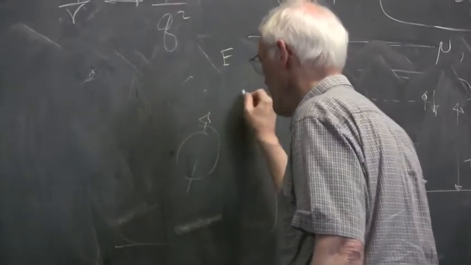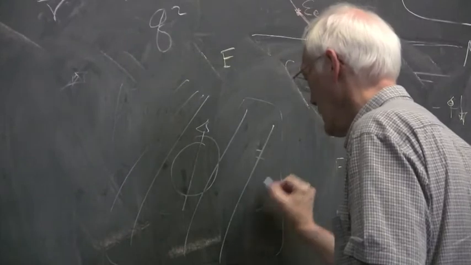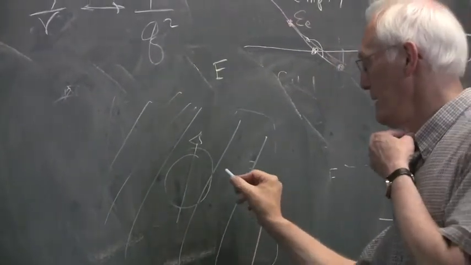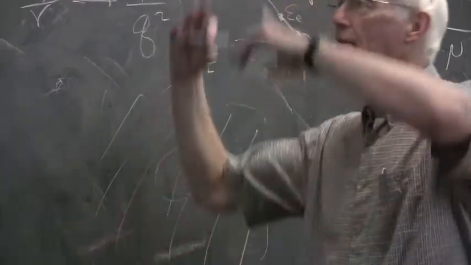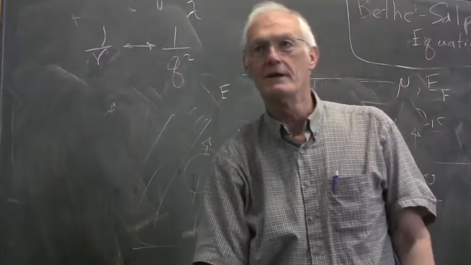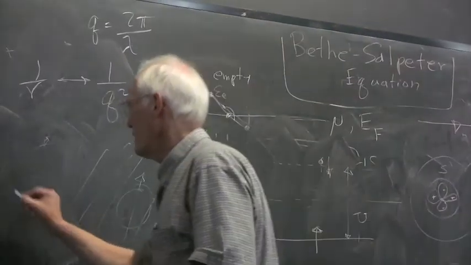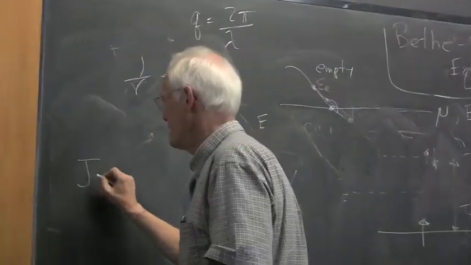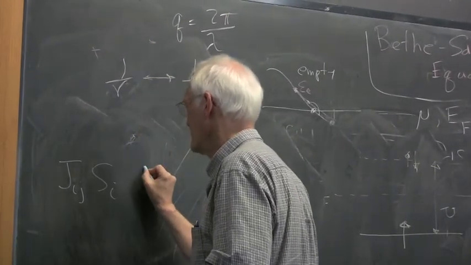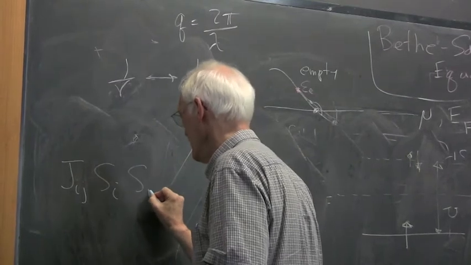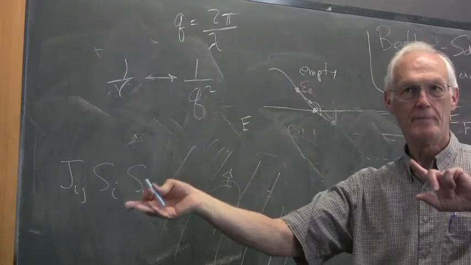The idea is, excuse me, you have moments, but you average over all the moments around, and you consider an interaction between them. The interaction is usually called J. So J between a spin on one side and a spin on another side. Then these spins interact.